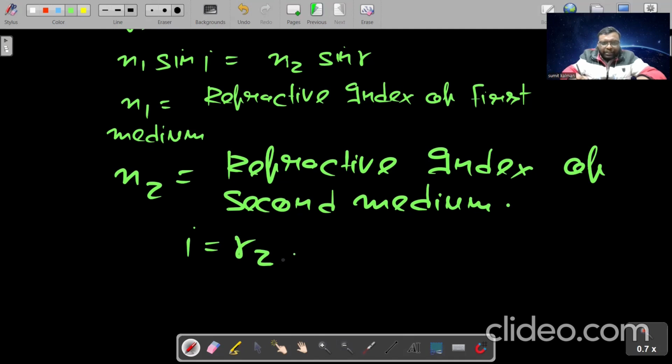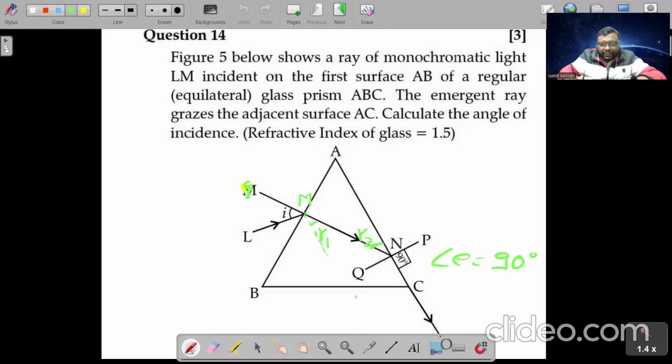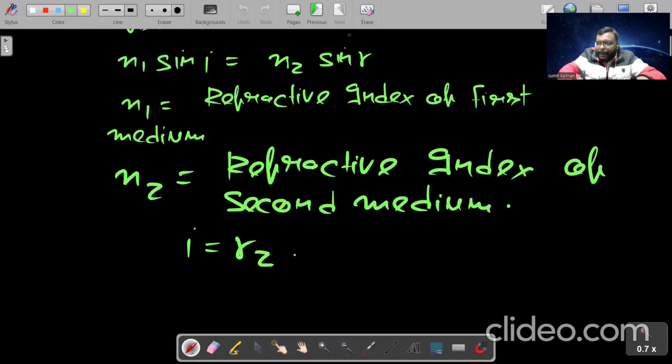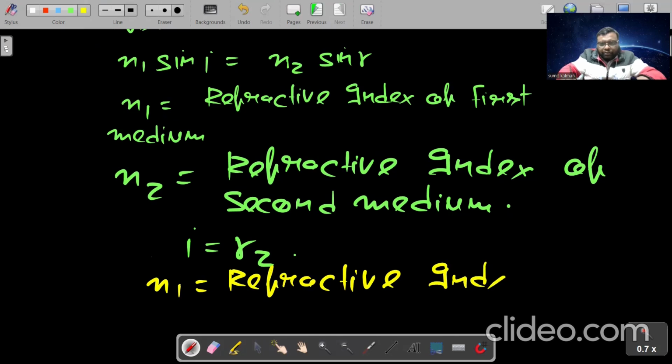And students, here we are applying Snell's law at point N. So here N1 is refractive index of prism, and the material is glass.